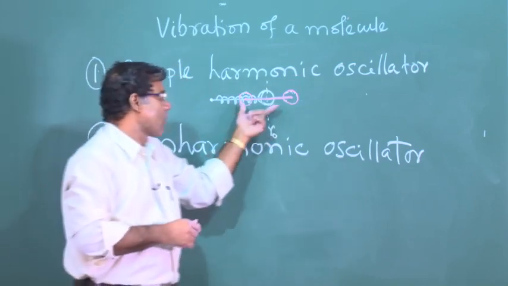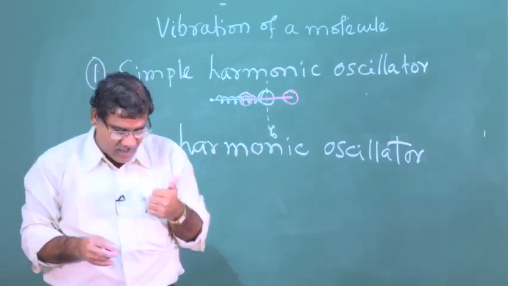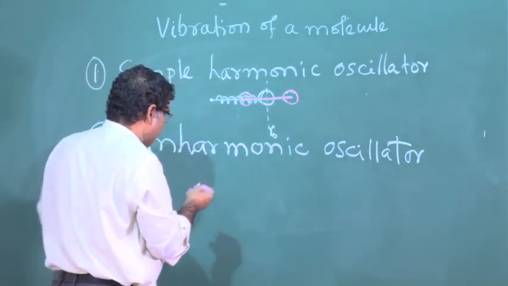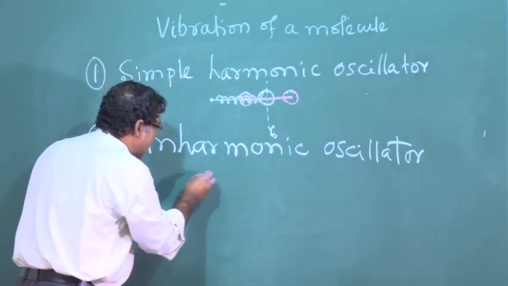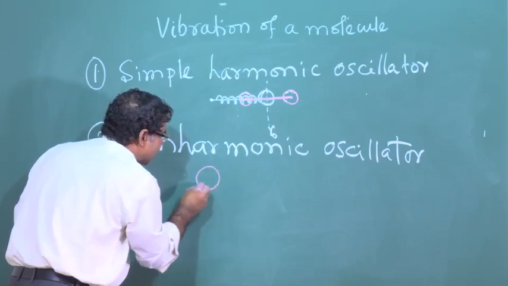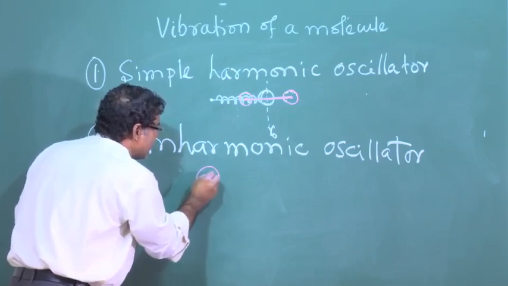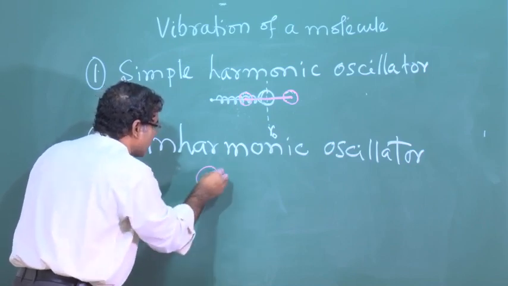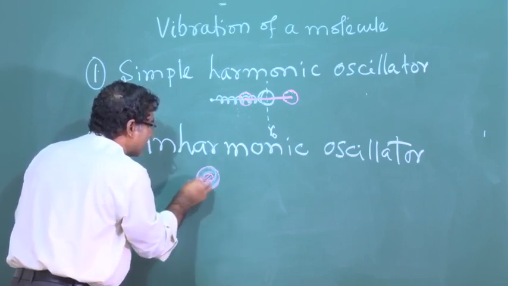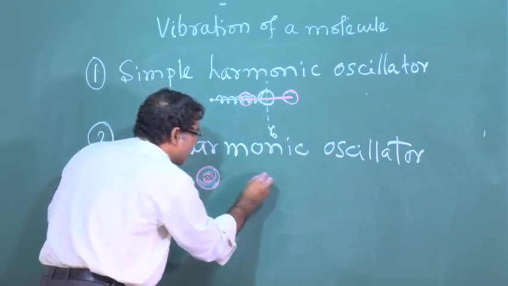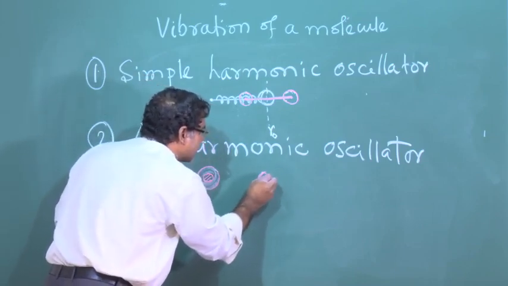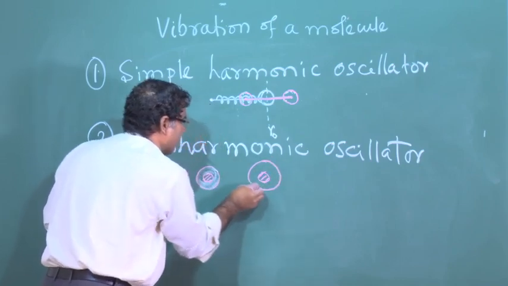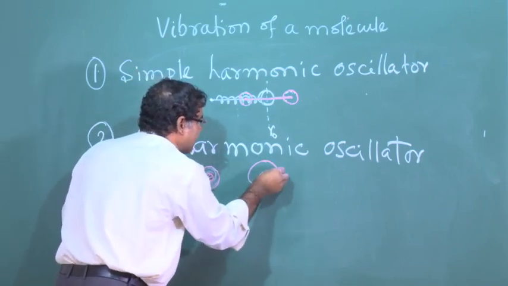So, where does this asymmetry come from? That is basically because of real molecules. In real molecules, what we have seen is that you have a nucleus with electronic charge surrounding it, and another atom, which also has electronic charge.